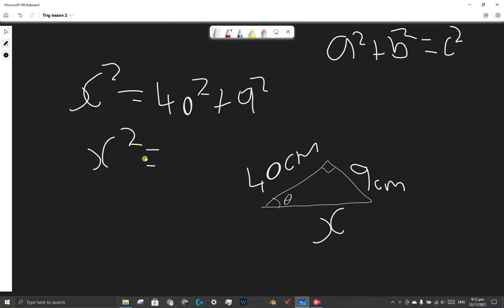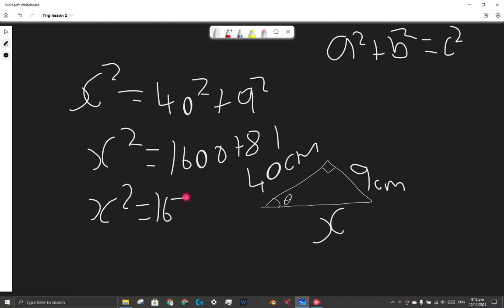So x squared equals 40 squared, which is 1600, and 9 squared is 81, so 1600 plus 81, and then x squared is equivalent to 1681. Because we're dealing with squares, we also have to deal with square roots.